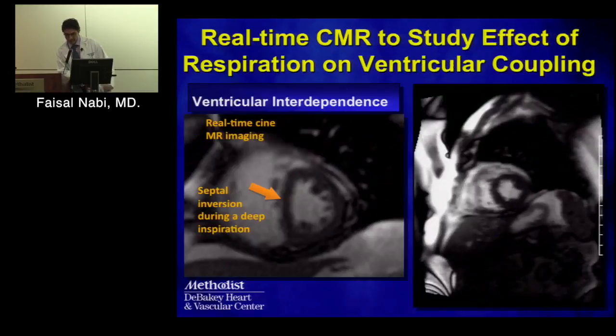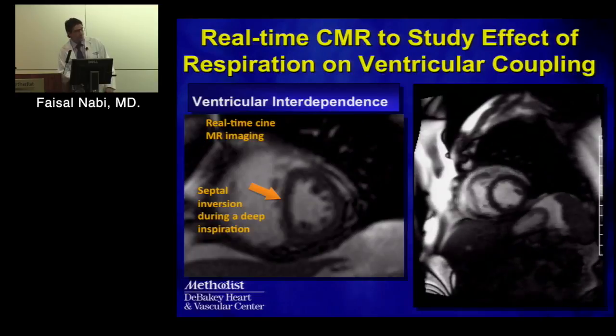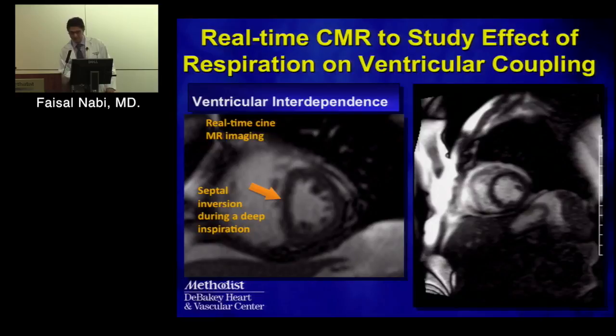Now this is shown really nicely with what's called real-time imaging. Here you're just taking a lot of pictures of the heart as the patient is doing their general free breathing.